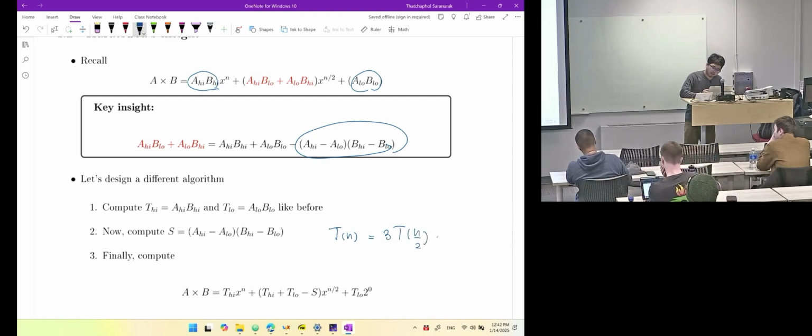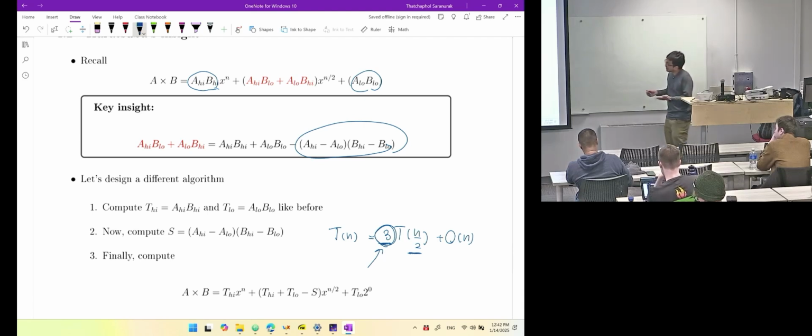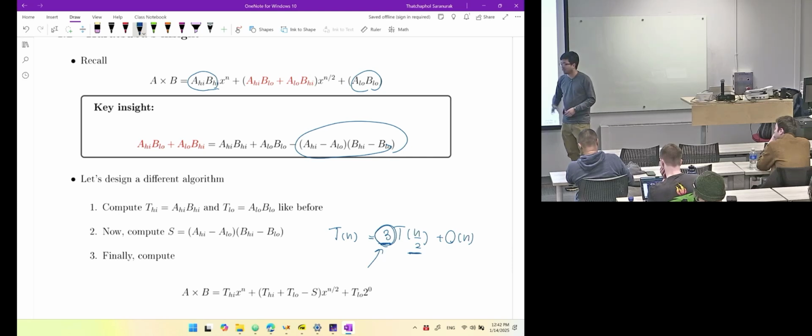Yeah. Right. Because now you just have 3 subproblems. Each of these is a polynomial of degree n over 2, and you spend order of n time outside the recursion. So you improve from 4 here to 3.